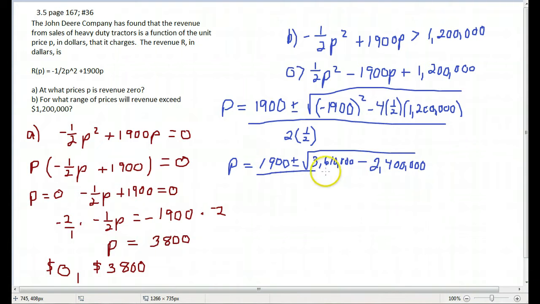Okay, and all of this is over 2 times 1/2, which is just 1.